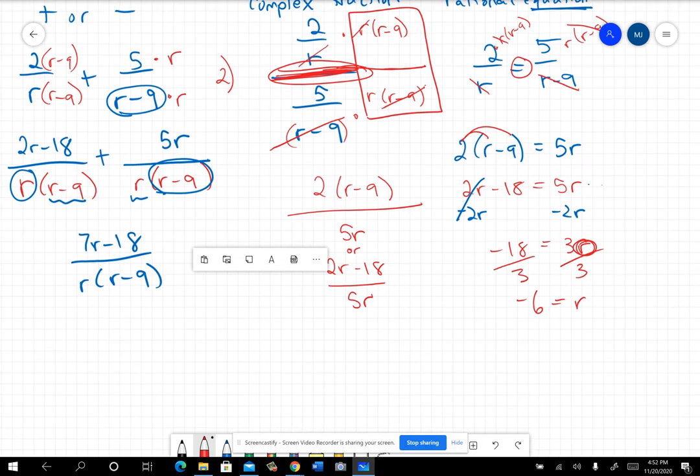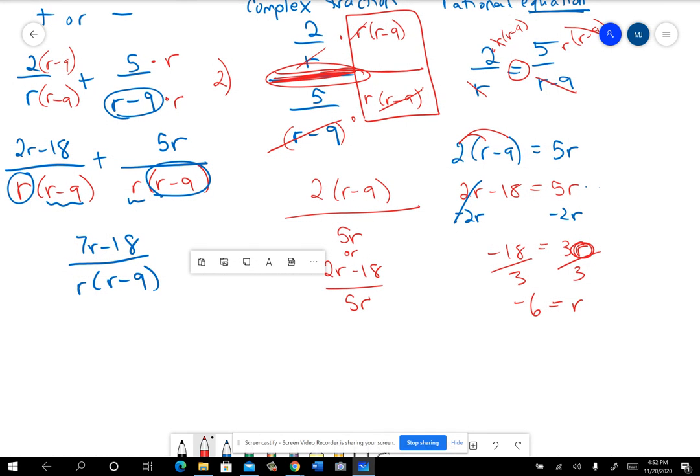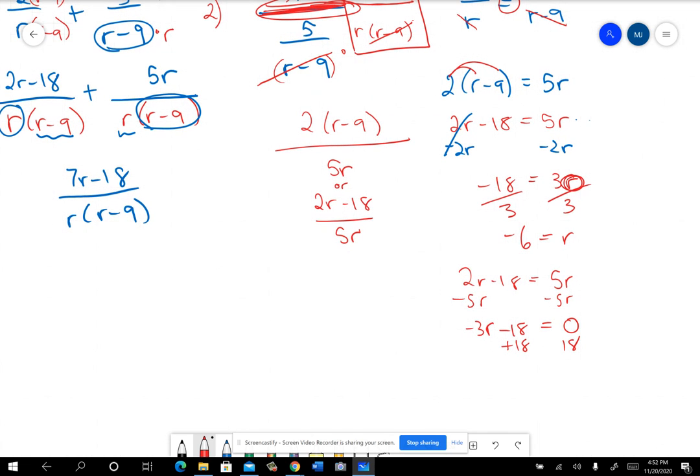All right, so I anticipate that last part might bug you a little bit. I know I have a lot of people that wind up doing things like subtracting the 5R. If you did that, it's okay. You just can't lose track of what you got. You'd have negative 3R minus 18, but it would be equal to 0, and don't lose the equal part. Then you could add the 18, and you'll get the same thing as I did.